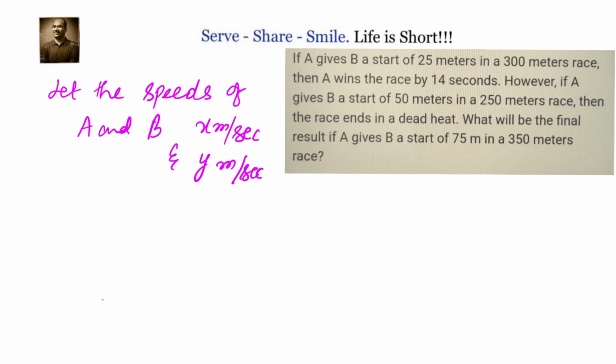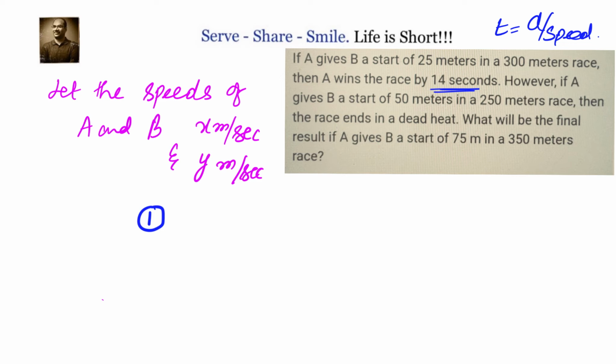So basically we have been told that A wins the race by 14 seconds. What is time? Time equals distance by speed. We already took the speeds as x and y meters per second respectively for A and B, and we know the distance covered, so this should be simply equating the time. In the first scenario, A wins the race. That means A will take less time, B will take more time.